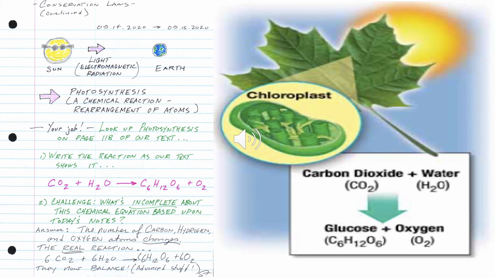And here is your challenge. It's a tough challenge, but let's throw it out there. What's wrong with that picture? It's just about right. It's carbon dioxide plus water makes glucose and oxygen. It is not exactly wrong, but it's definitely incomplete. Think about it for just a second, and let's get to the answer on the next slide.